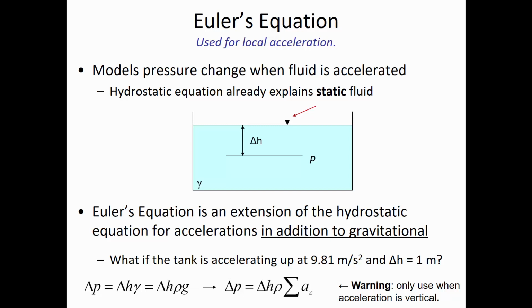The 9.81 meters per second squared due to gravity, and then the 9.81 meters per second squared of additional acceleration. So the delta P in that case would be 19,620 newtons per meter squared.